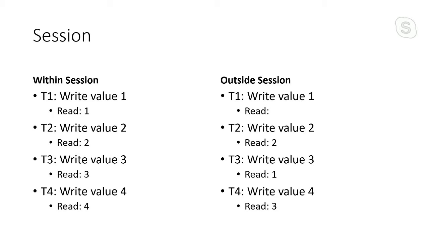So this indicates that the reads are not in order of writes, and also the amount of time that it lags is not certain. This actually indicates eventual consistency. So when you use session, you get strong consistency within the session and eventual consistency outside of the session.